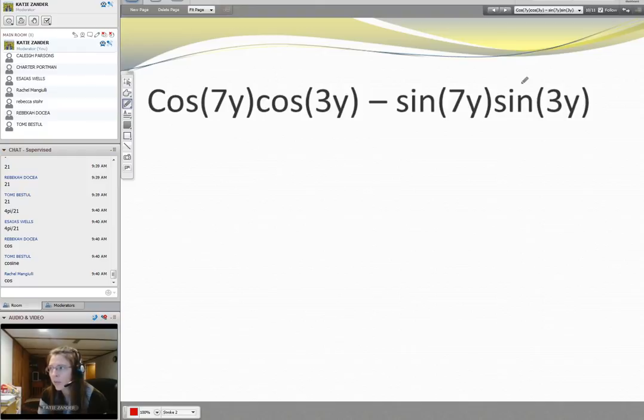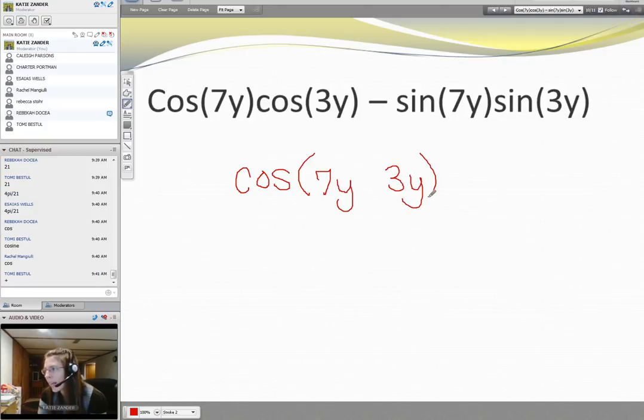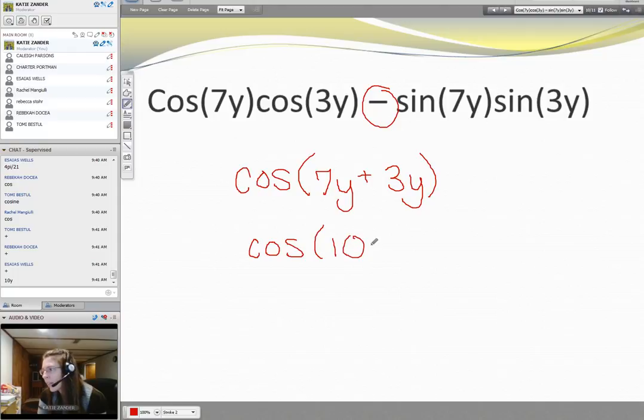Because cosine comes first, sine comes second. So we do not need to flip it to match that formula. So we're just going to do cosine. And should I add or subtract the 7y and 3y? Yep, we do the opposite of what's in here for cosine. So we are going to add. 7y plus 3y is my 10y.